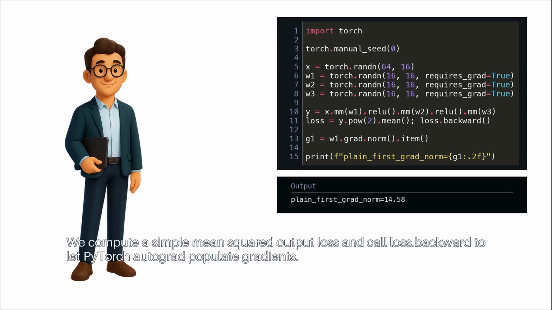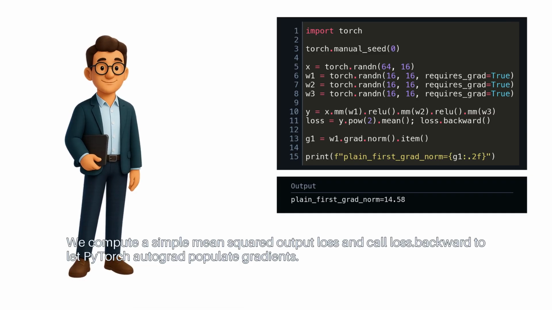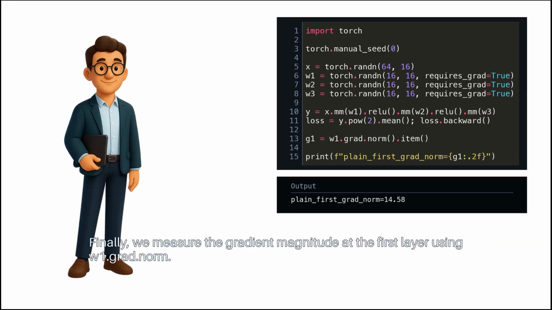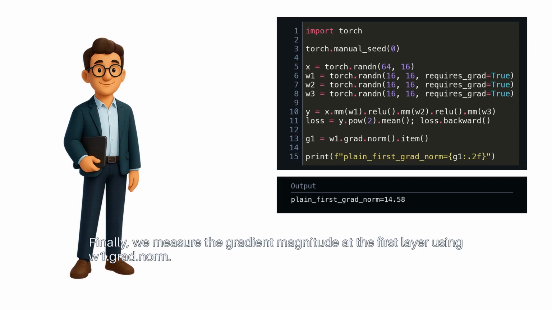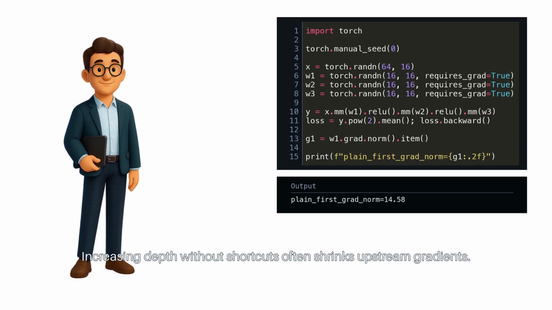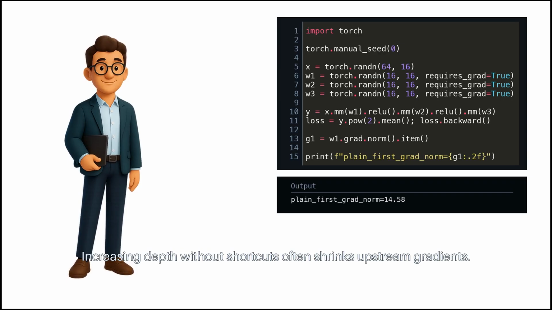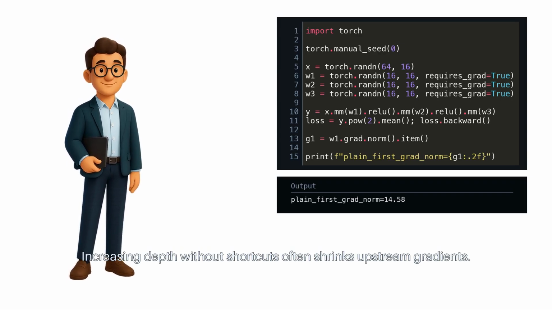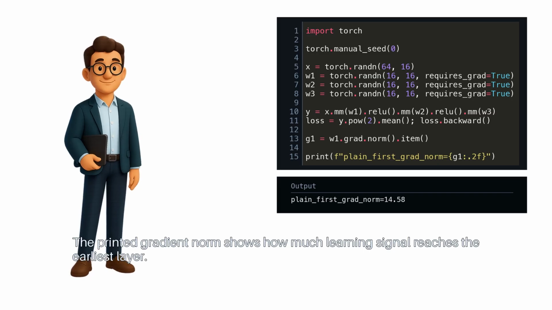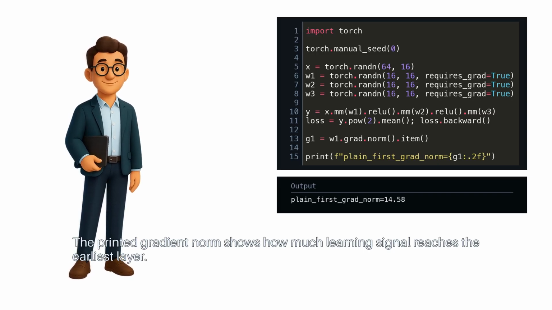We compute a simple mean-squared output loss and call loss.backward to let PyTorch autograd populate gradients. Finally, we measure the gradient magnitude at the first layer using W1.grad.norm. Increasing depth without shortcuts often shrinks upstream gradients. The printed gradient norm shows how much learning signal reaches the earliest layer.